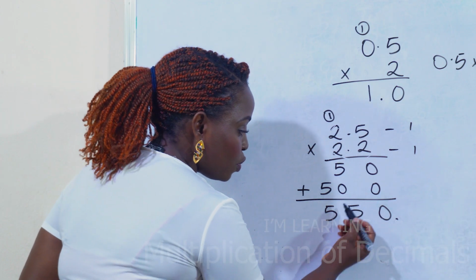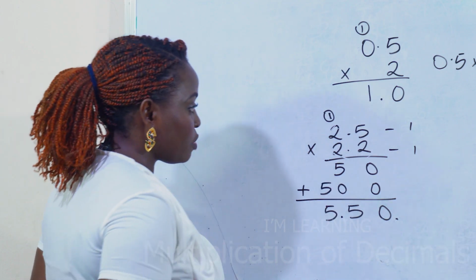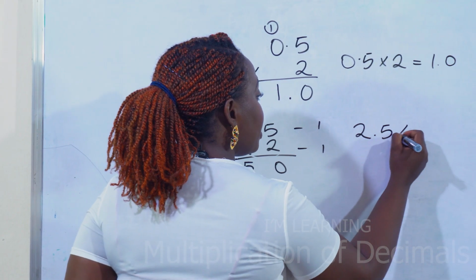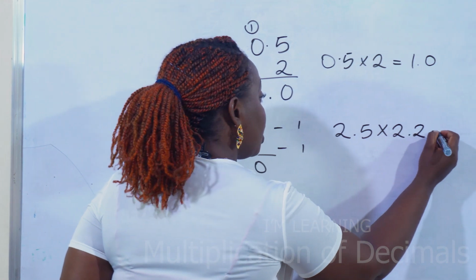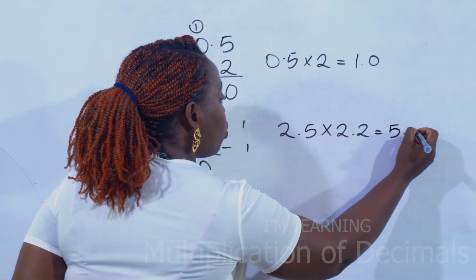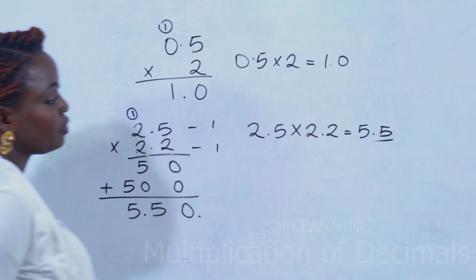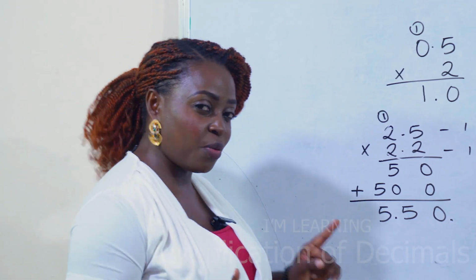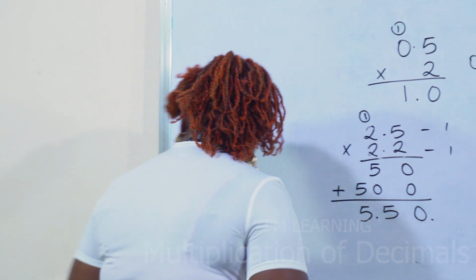So 1, 2, that is where my decimal point is going to be. So that means that my question 2.5 times 2.2 is 5.5. That is the answer. Now let's look at 2 more very interesting questions, shall we?